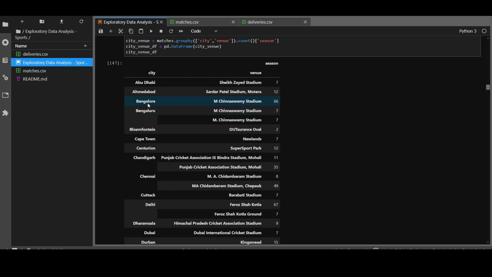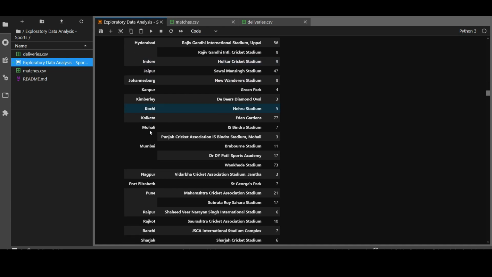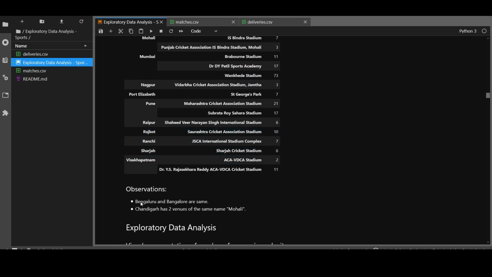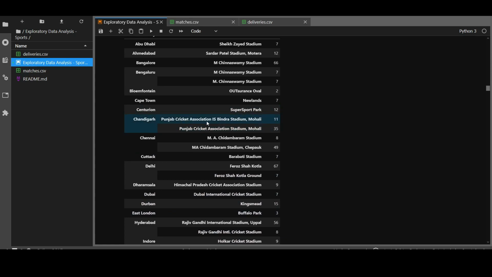So these two are the same. Chandigarh has two venues with the name Mohali. See, there are two venues of the same name, Mohali. So this should be 35 plus 11, that should be 46.